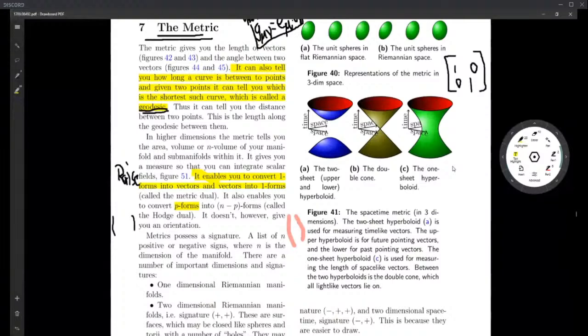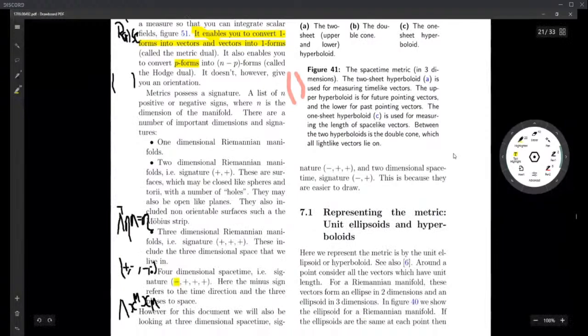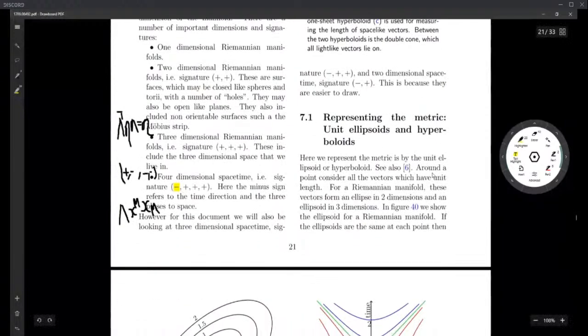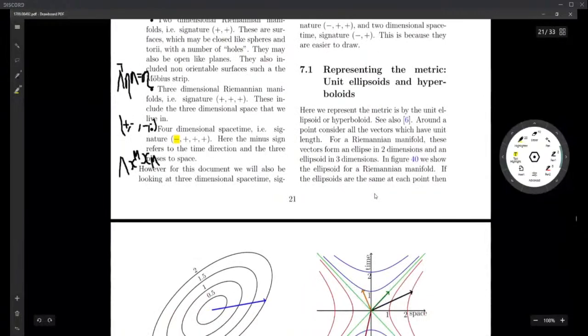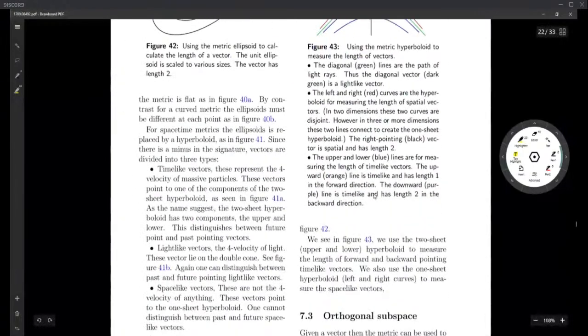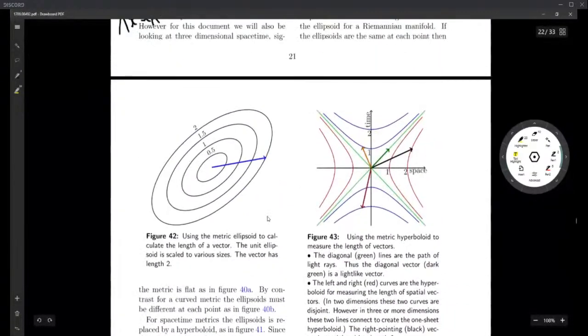Well, let's get down to business, which is: how do we represent a metric in space-time, or in Minkowski space? This is how you would represent a metric. How would I calculate the length of a vector?